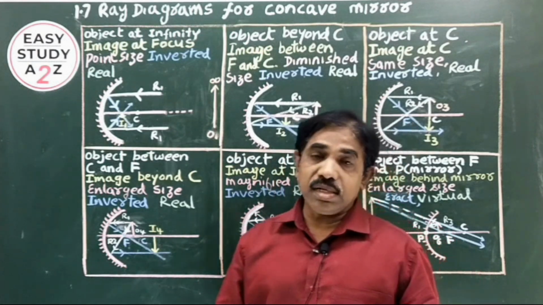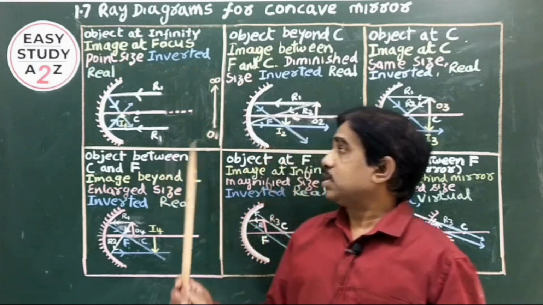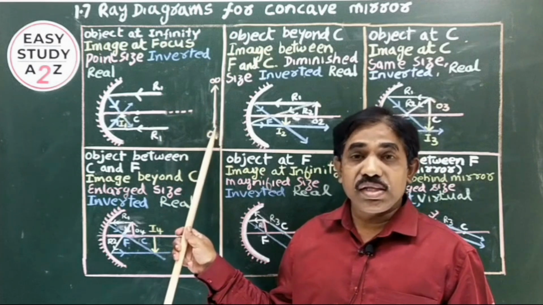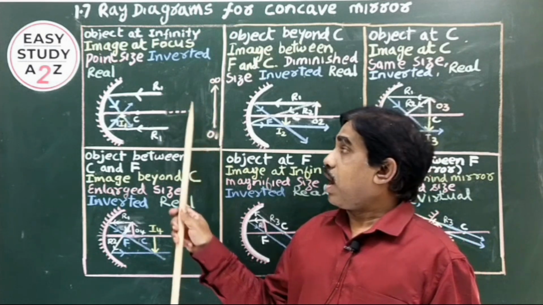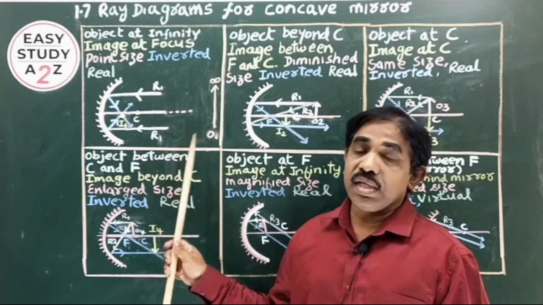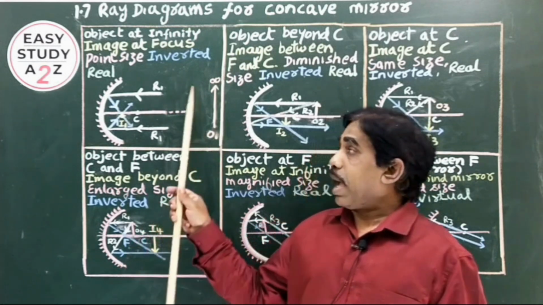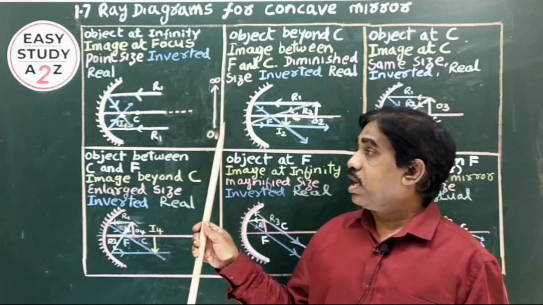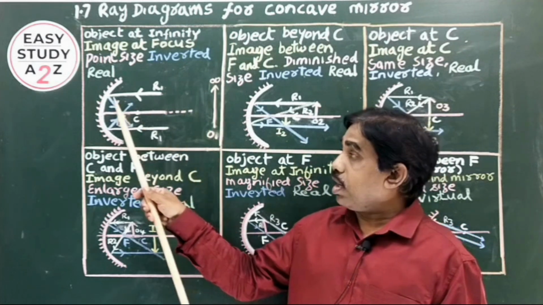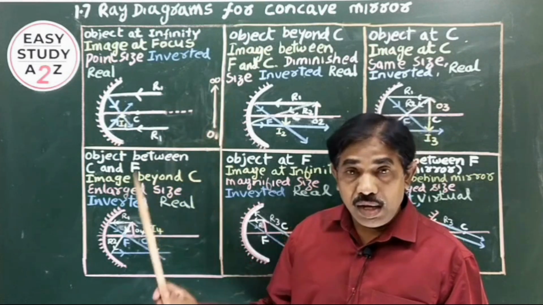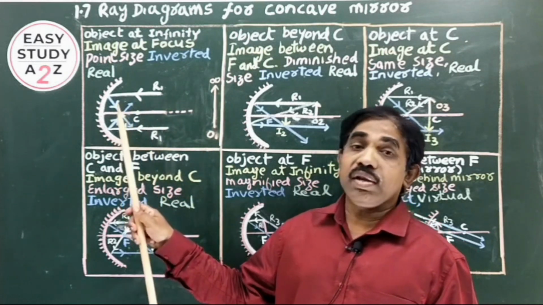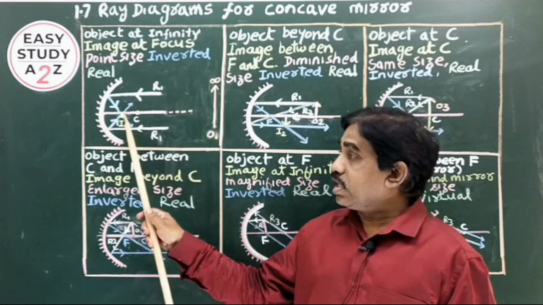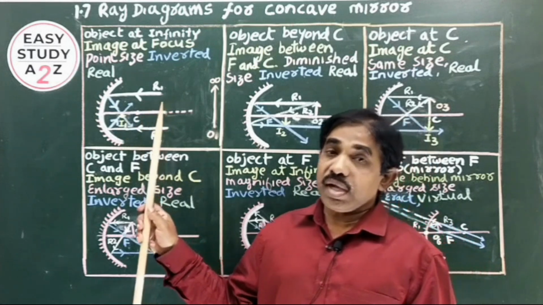Now let us consider the first ray diagram. See here, when the object is kept at infinite distance, we get R1 type of rays. That means we get parallel rays from the infinite distance object, and these parallel rays fall on the concave mirror, and we get reflected rays. These reflected rays meet at a point, and at this point of intersection we get an image.